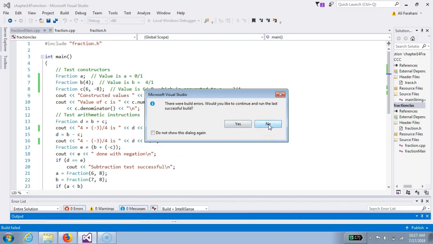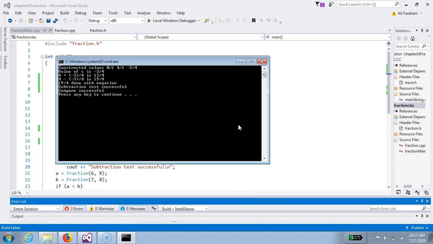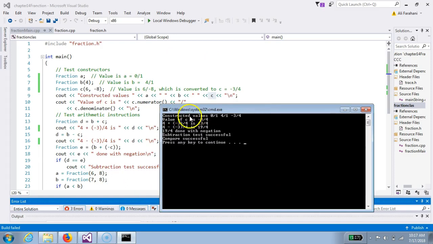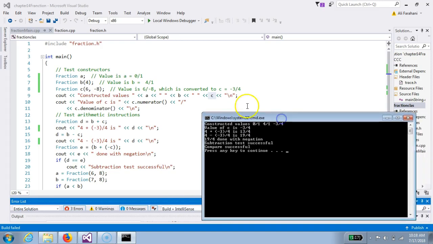Okay, let me just see. Build, yes, build it. Did I change something? So here it is. The constructed values are 0 over 1, 4 over 1, and negative 3 over 4, which is good. So I'm going to leave this here on the screen. cout value of c is the numerator divided by denominator.